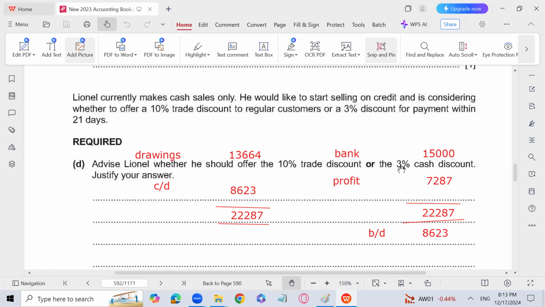If he is selling the goods on credit, then if the people pay him within 21 days, he will offer them a 3% cash discount. So basically, I believe that a 10% trade discount is a little high to give.